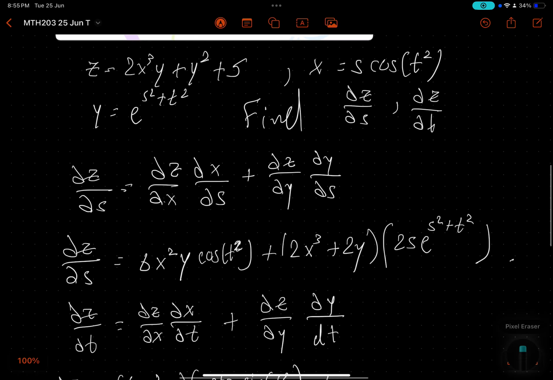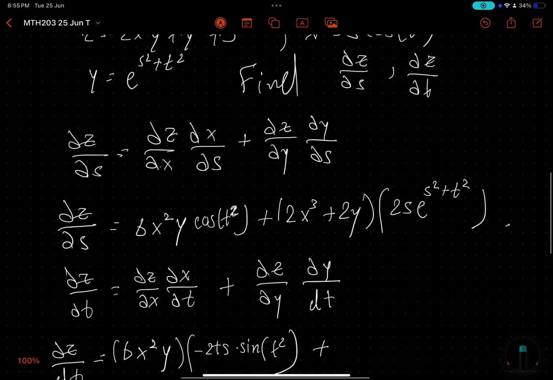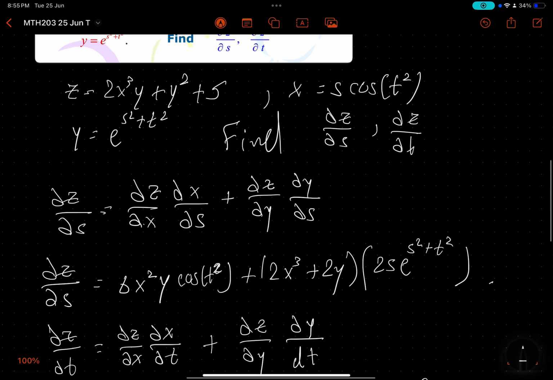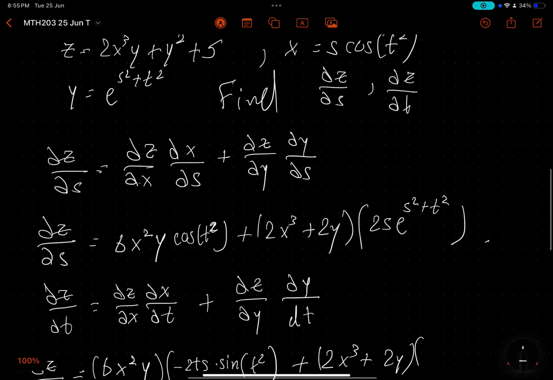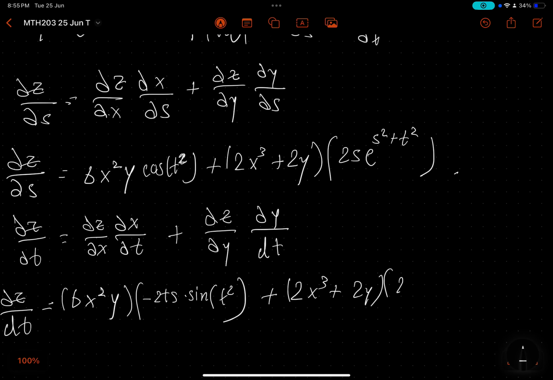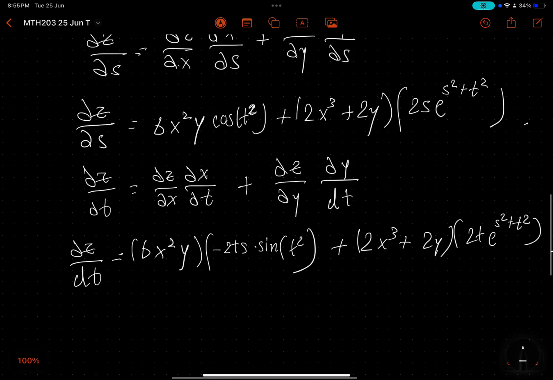And then with respect to y, we have 2x to the 3 plus 2y. And then we take dy with respect to t, which gives us 2t e to the s squared plus t squared, and like that we have finished the example.